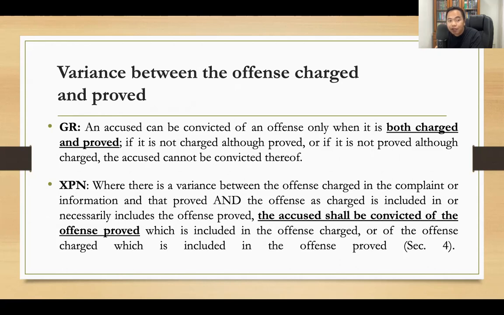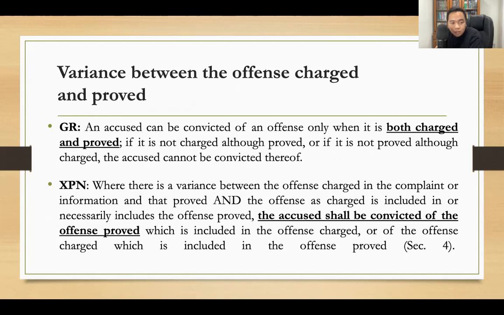So there is a variance, or there is a difference between the offense charged and the offense proved. So as a general rule, an accused can be convicted of an offense only when it is both charged and proved. So if it is not charged although proved, or if it is not proved although charged, the accused cannot be convicted thereof. There is an exception.